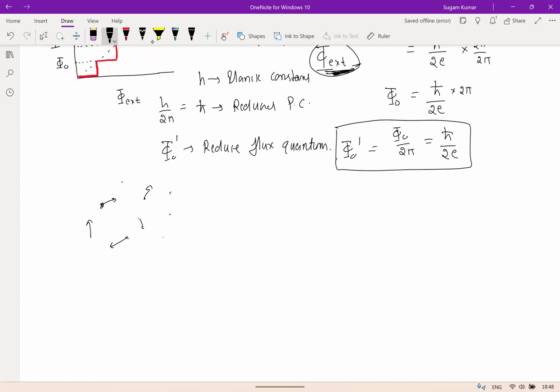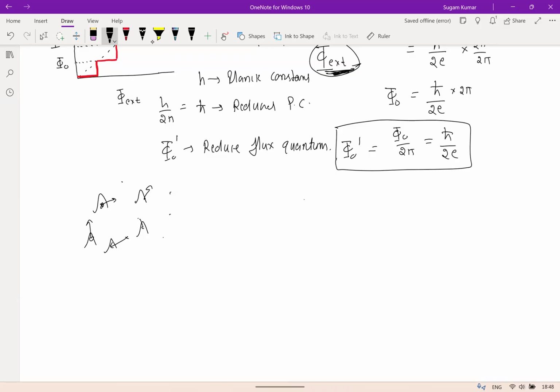Because they cannot stay in the same quantum state, their wave functions cannot overlap. So each electron is governed by a different wave function. And because of the Pauli exclusion principle, they cannot come very close, because then their wave functions would start overlapping, and this is not allowed by the Pauli principle.